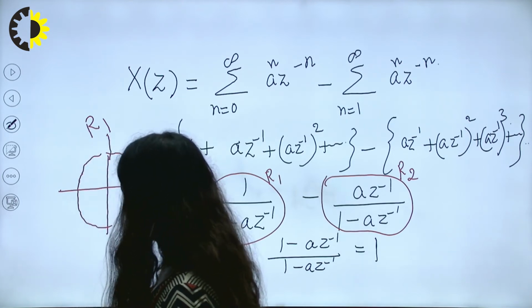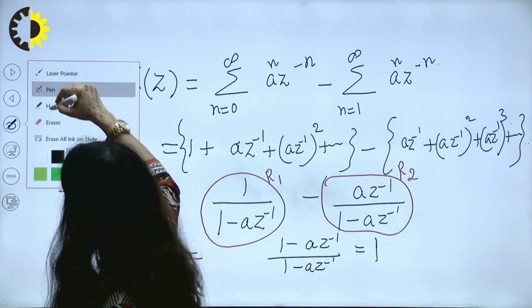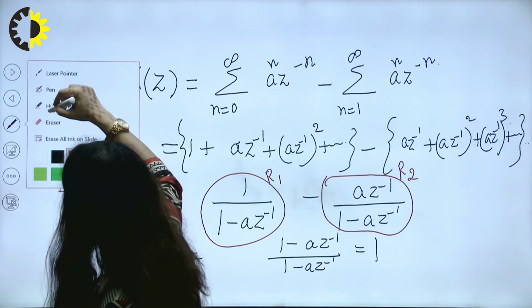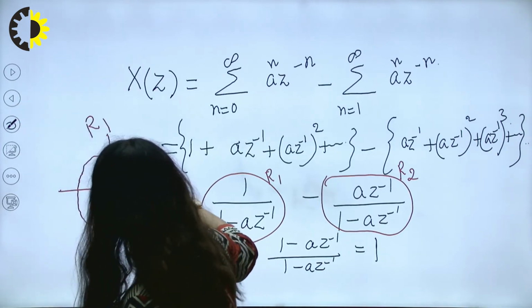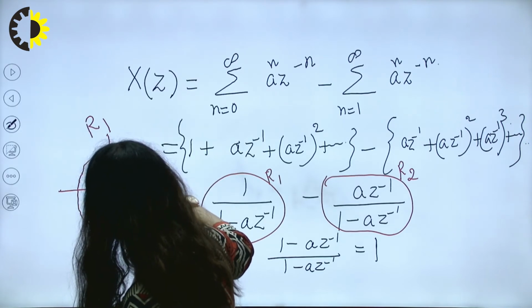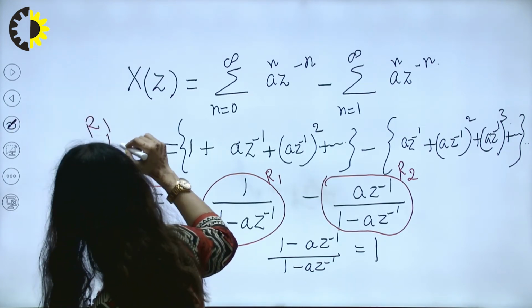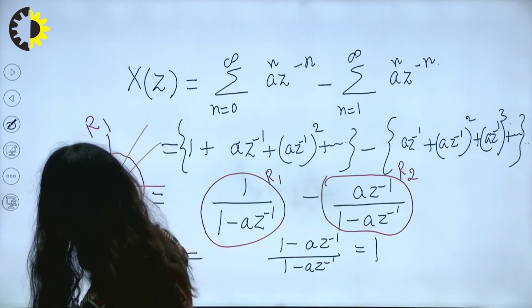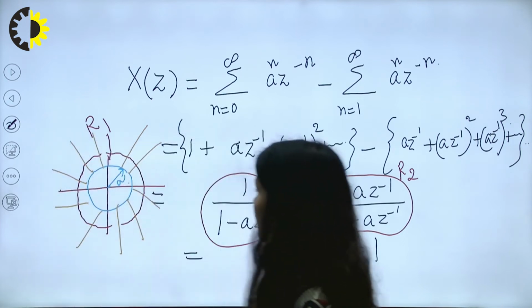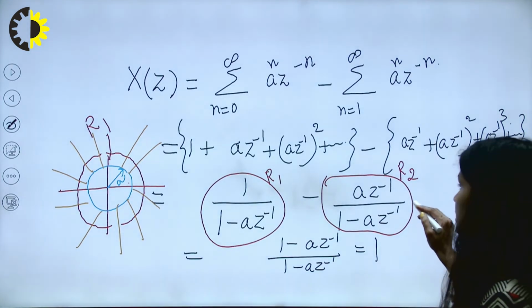Let's say a is less than 1. Then my ROC would be mod z greater than a, and the same ROC holds for R2.